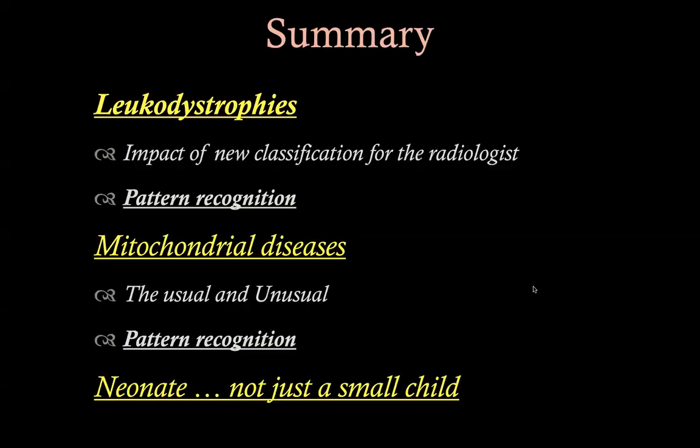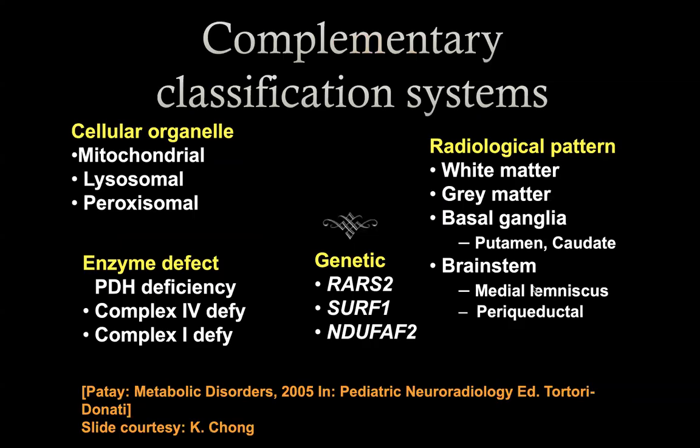So this is the summary: leukodystrophy, mitochondrial disease, and the neonate that is not just a smaller child. I want to start with the classification system, as you can see in this slide that I borrowed from my previous mentor, Dr. Chong.